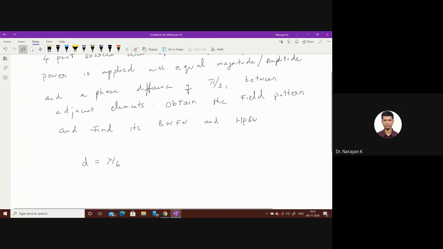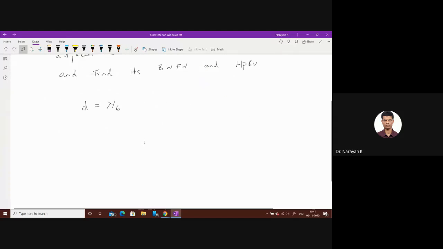See this particular phase shift of pi by 3.